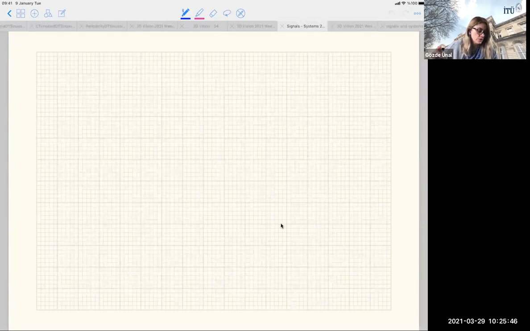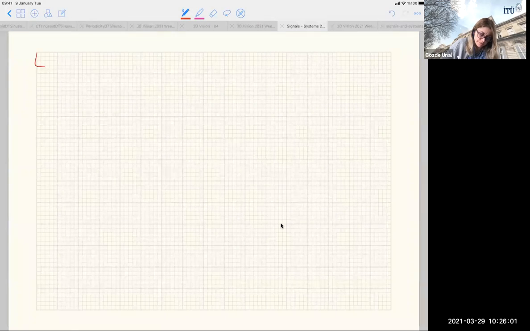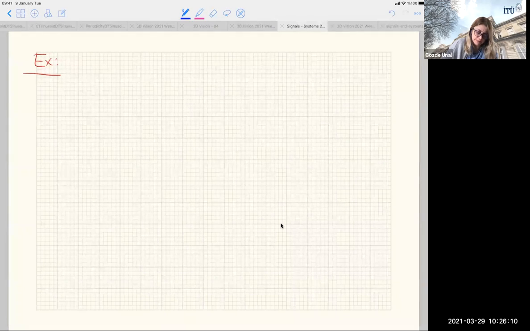Okay, let's check some more examples. Let's do an example to calculate a_k, an example from the slides.